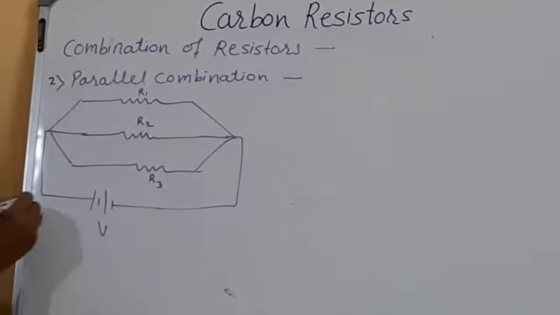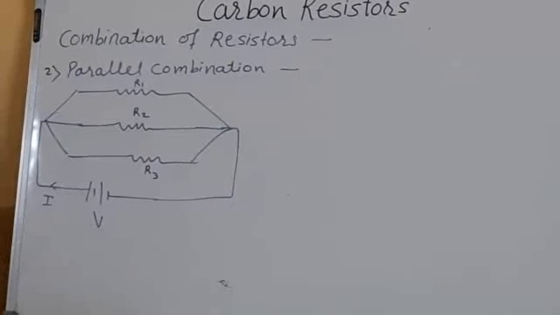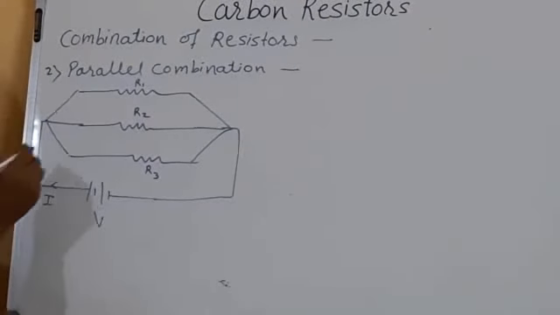For our convenience, here I am connecting only 3 resistors, let them be R1, R2 and R3. These 3 resistors are connected to the external source V. Now the battery will draw the current I. When the current comes to this junction, it has 3 different paths.